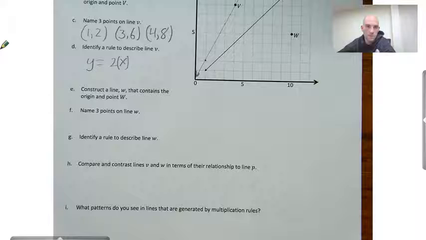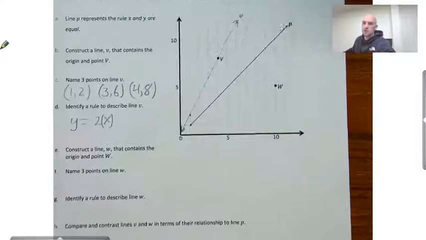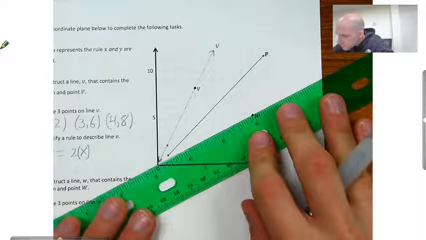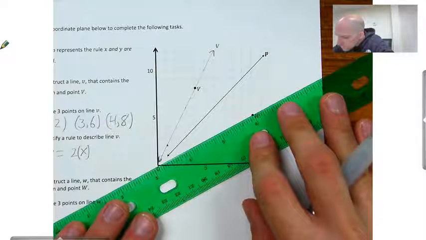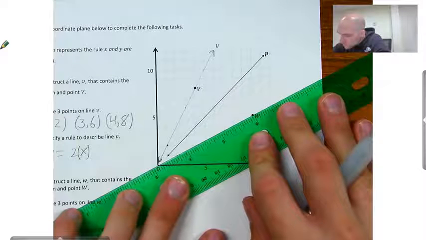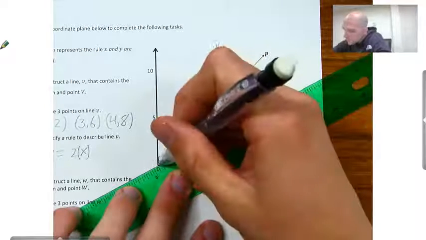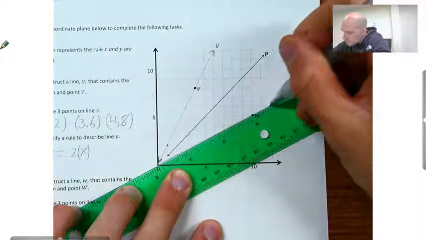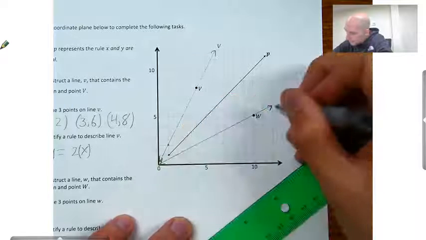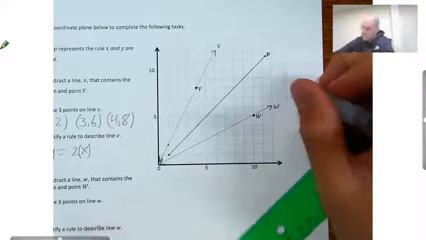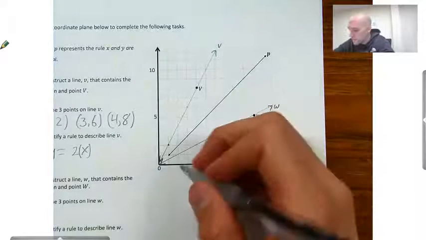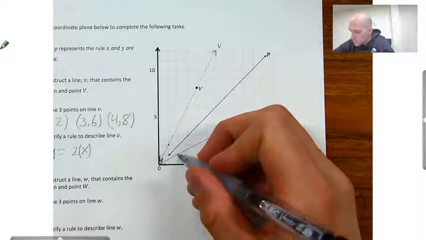Next, we're going to construct a line W that contains the origin and point W. Our origin, go right through point W. This is going to be line W. And now we have to name 3 points on that line. So we have 2, 1.